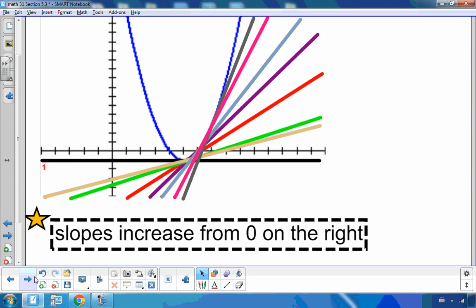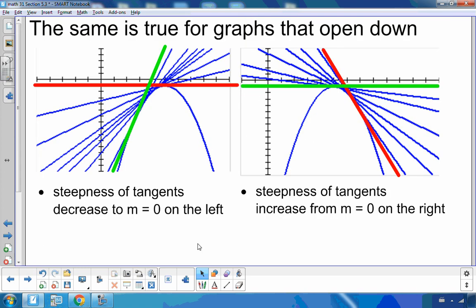Let's see what happens when it's concave down. It's the same thing. On the left-hand side, the green one is where I start, green for go, and I'm going smaller and smaller, less steep and less steep until I get a slope of 0 right here. If I open down on the right side, I start at a slope of 0 and I start to increase in the steepness of the lines.